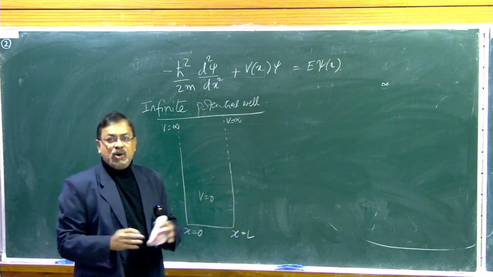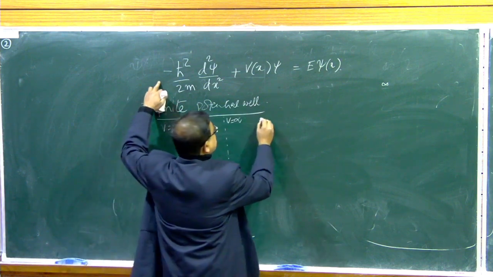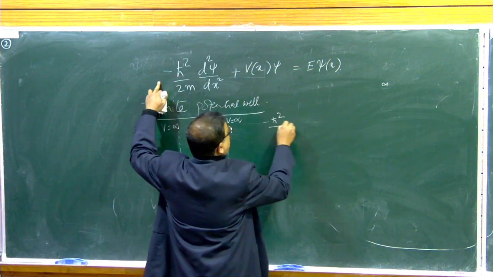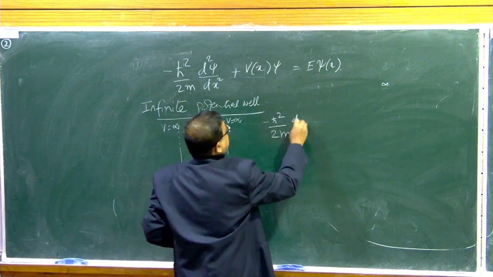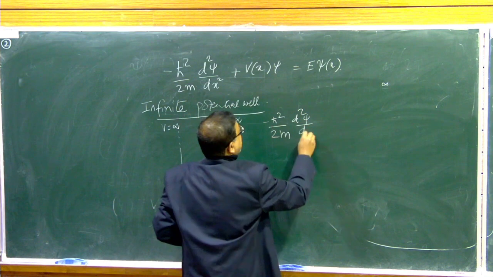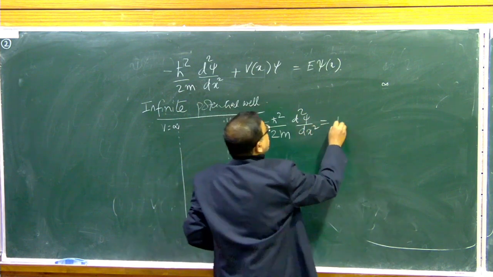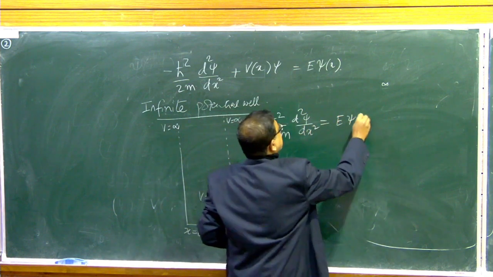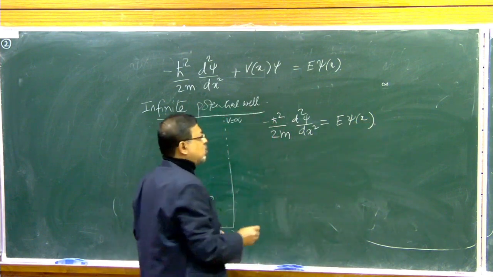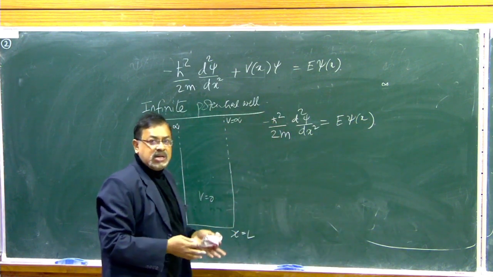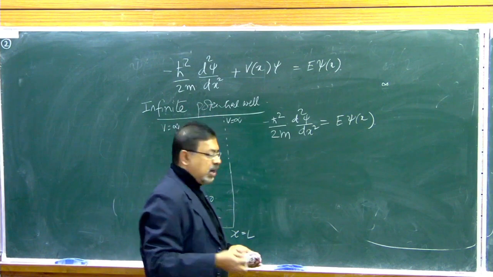So it cannot escape. So I will write down this equation: minus h cross square by 2m d2 psi dx2 equal to E psi, and that is a very simple equation to solve, because you see the solution is like harmonic waves.